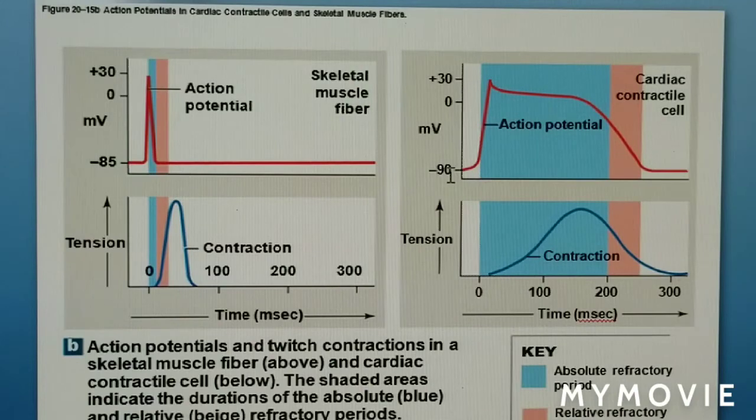Whereas with the heart, cardiac contractile cell, we have a plateau, gradual depolarization as we come down this direction, and it's much longer as far as time, skeletal muscle versus cardiac muscle. We can see that with blue being the absolute refractory period in the skeletal muscle, nothing is taking place. We can't do it again here. But look at all this time that we cannot fire that action potential again in the cardiac muscle.